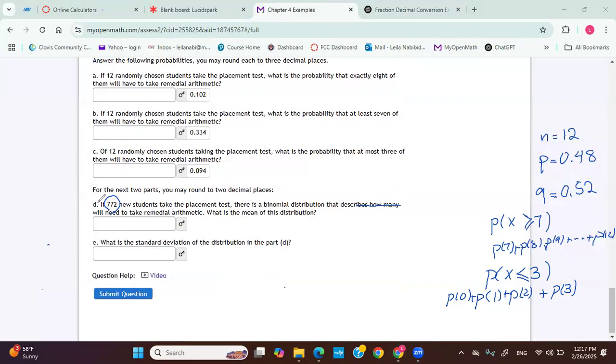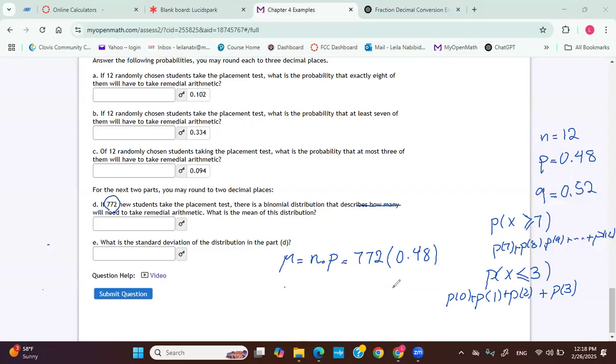If you look at the slides, the mean of any binomial distribution is n times p. N is the number of students taking the test, which is 772, and p is the probability of success, which is 0.48. You just multiply them.